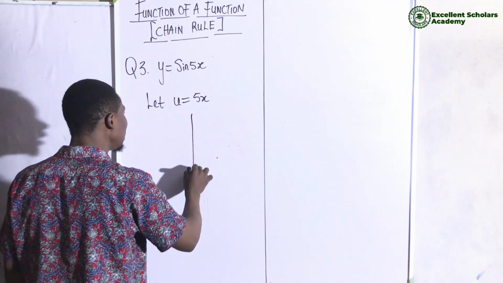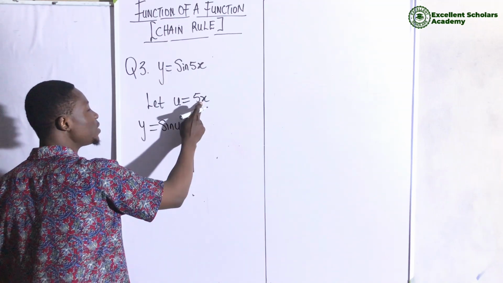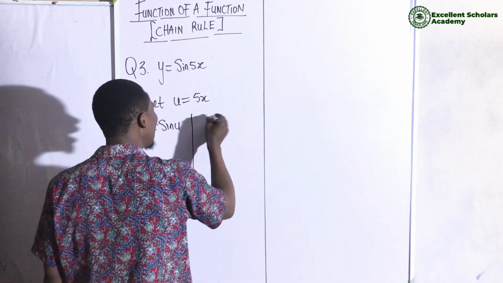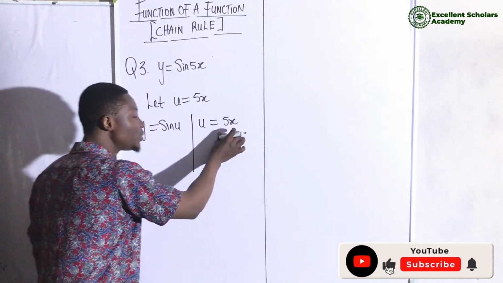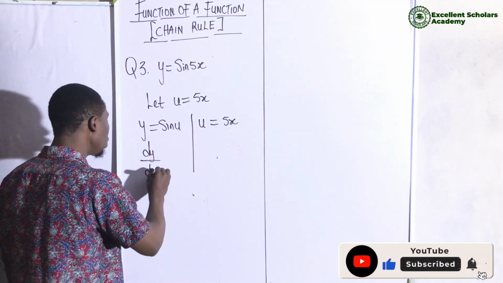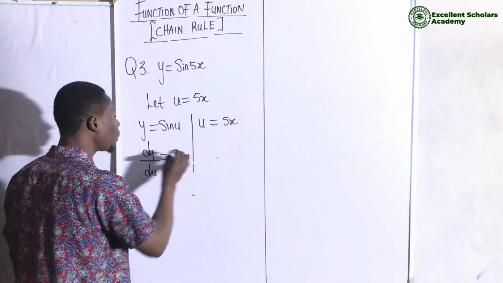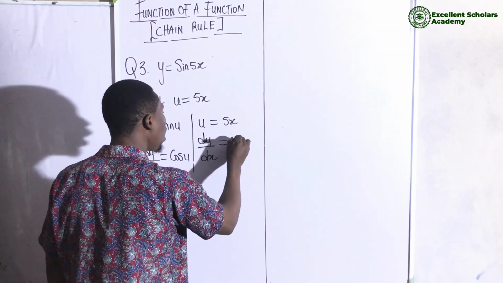So you now have y equals sine u, because you've represented this with 5x, and u equals 5x. So now differentiate this side, differentiate this side. When you differentiate this side, you have dy du equal to cos u. Differentiate this side, you have du dx equal to 5.